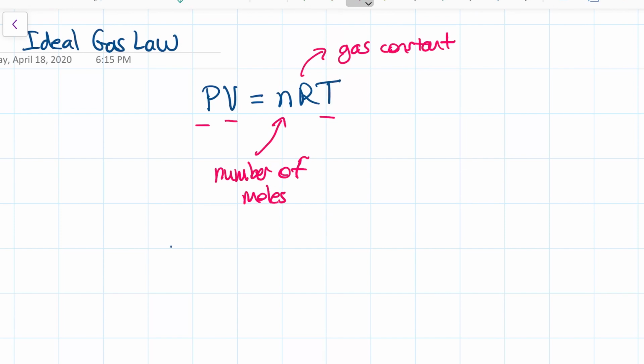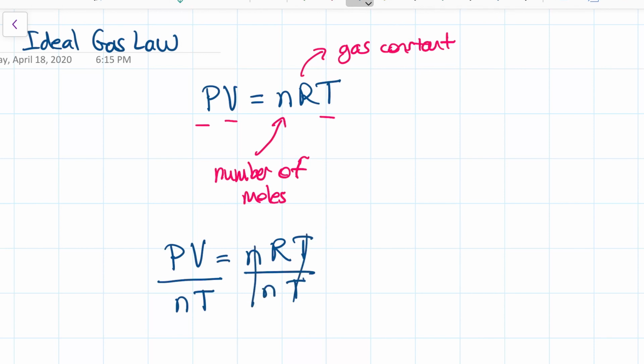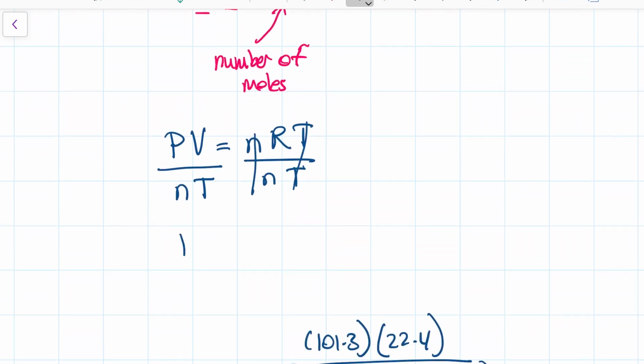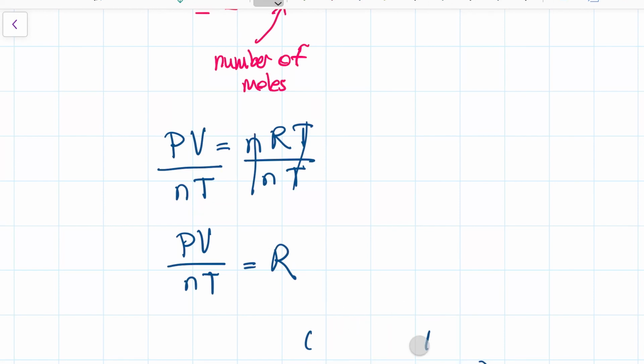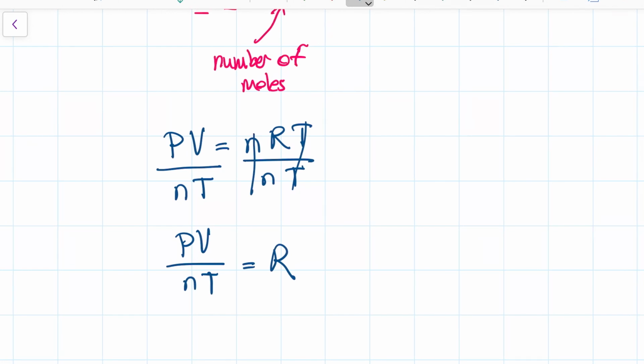If I take this equation, my ideal gas law, and I want to solve for R, I divide both sides by NT. Now I can say PV over NT equals R. So let's calculate R for standard conditions if I have kilopascals.